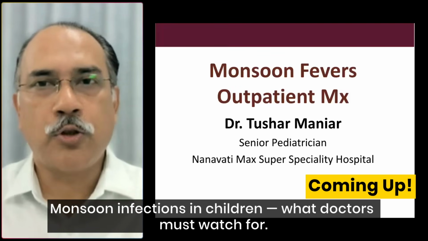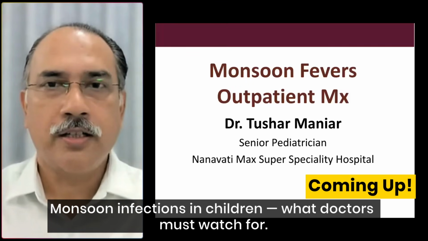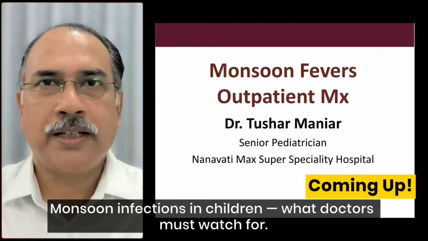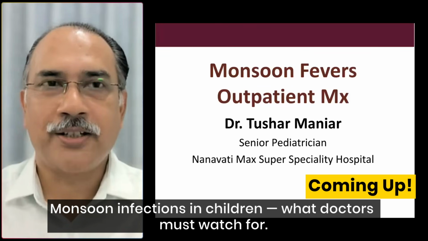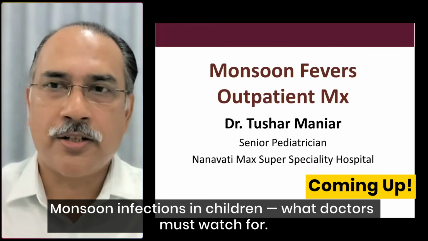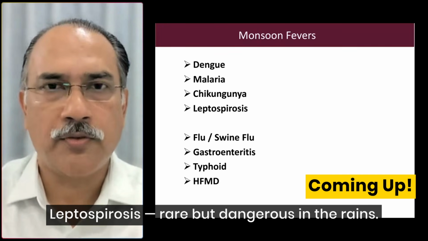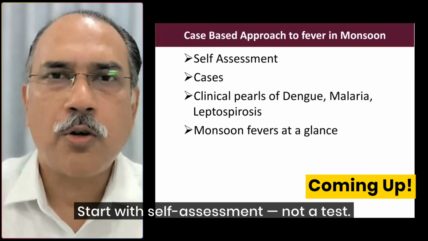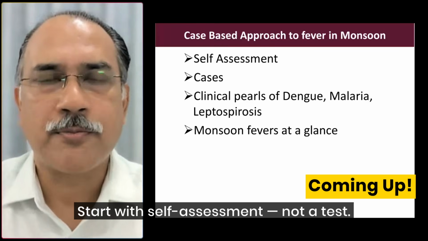And today we will be focusing on the outpatient department, and clearly it's not mentioned in children, but with my degree that I am a pediatrician, I'll be restricting my talk and discussions to children. Leptospirosis, not very common, but still we need to keep a watch in monsoon. So how do we go about it? Let us first do some self-assessment.